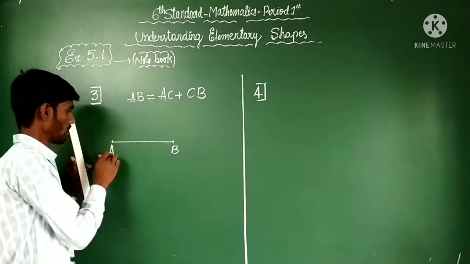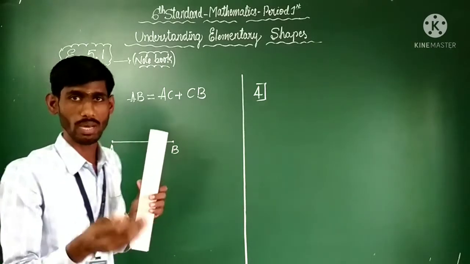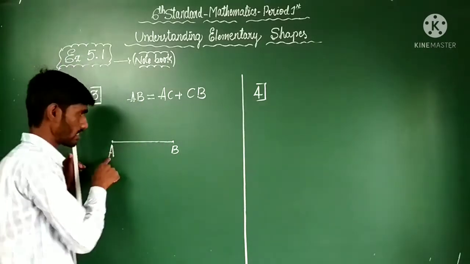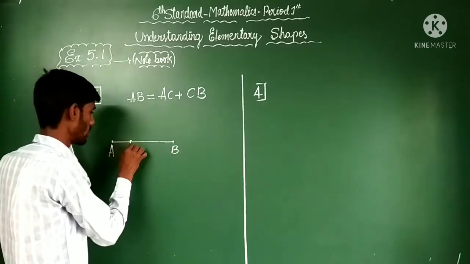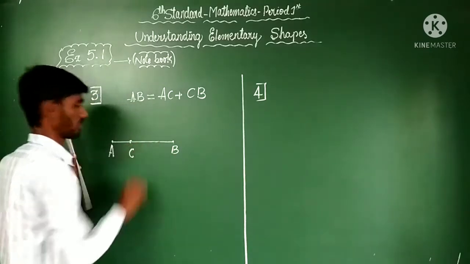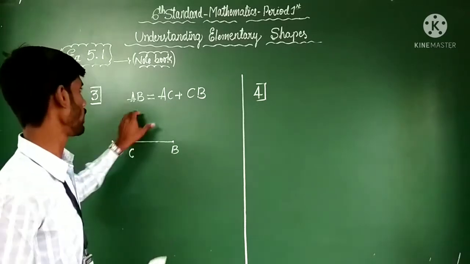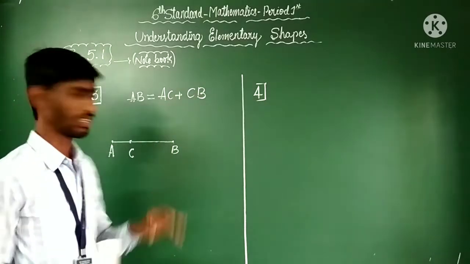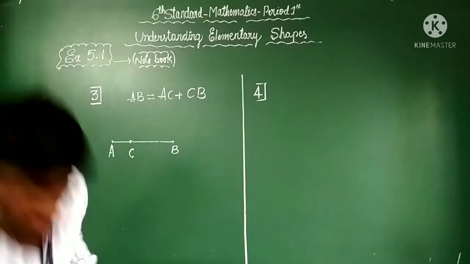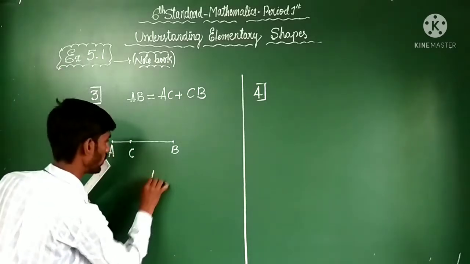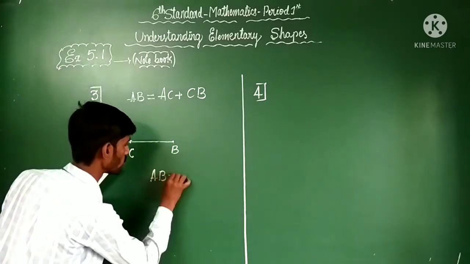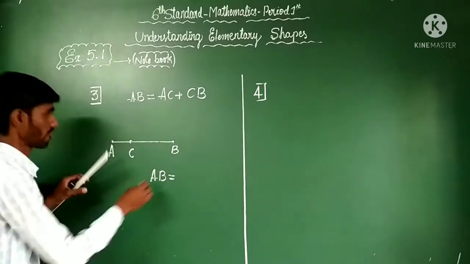Dear children, C is lying between the points A and B. Here is A, here is B. In between the points AB, you may mark C. C is the between point. We need to prove AB is equal to AC plus CB. First is the measurement of AB. What is the measurement of AB?